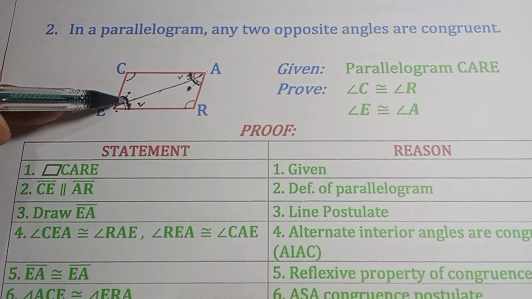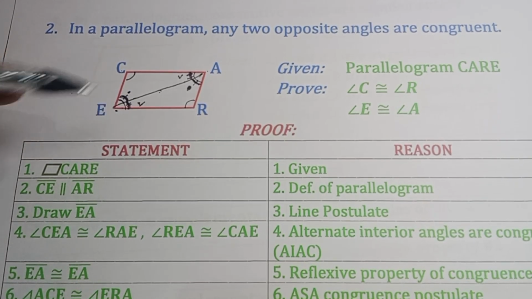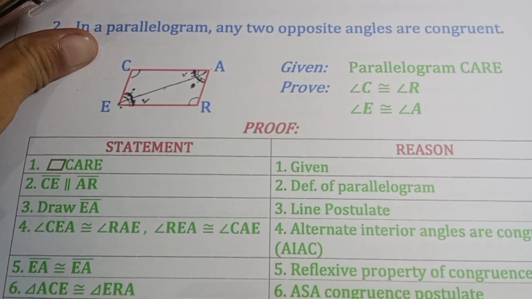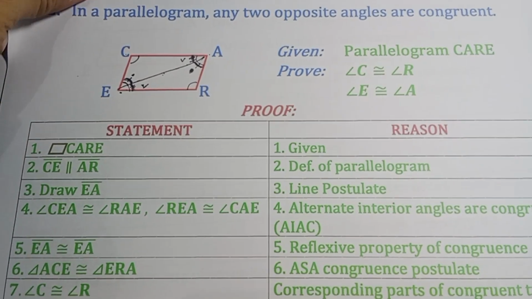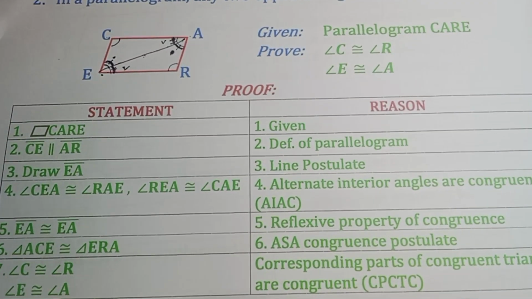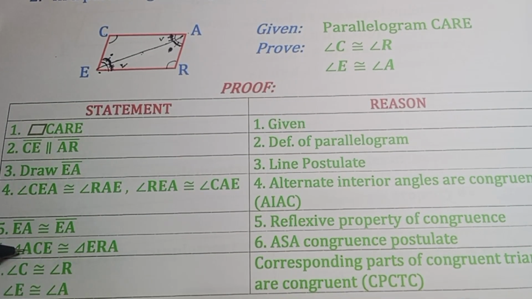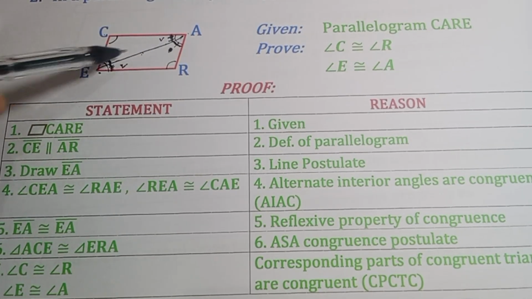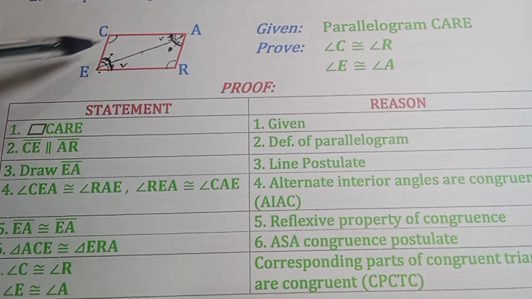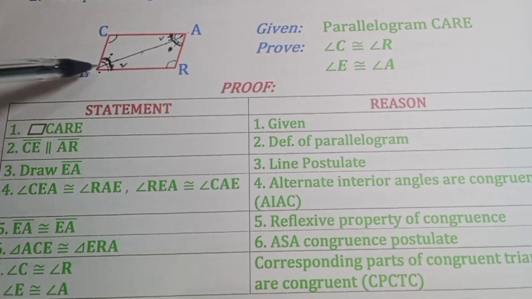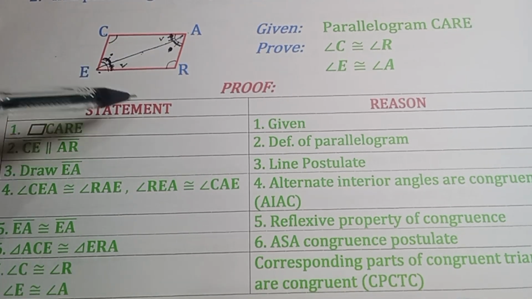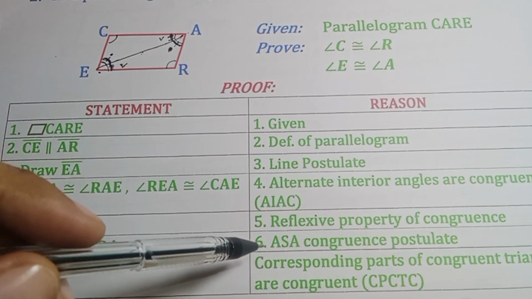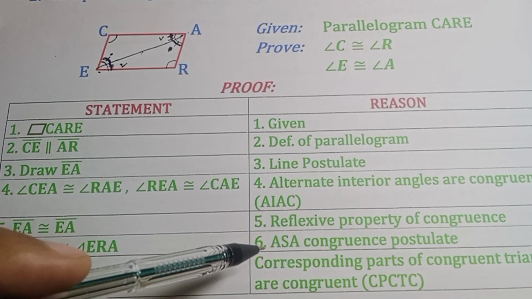So this is the ASA congruence postulate. Okay, we can say that triangle ACE, this is the triangle, is congruent to triangle ERA. So our reason is the ASA congruence postulate.